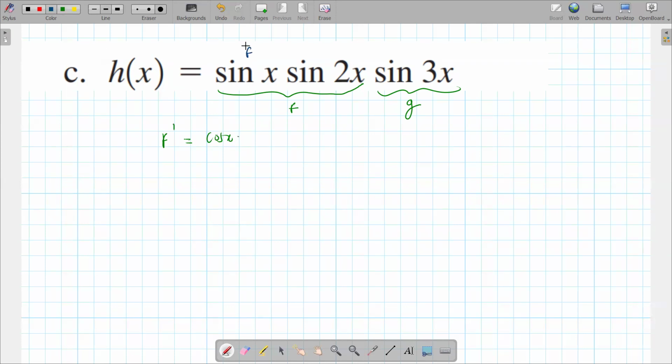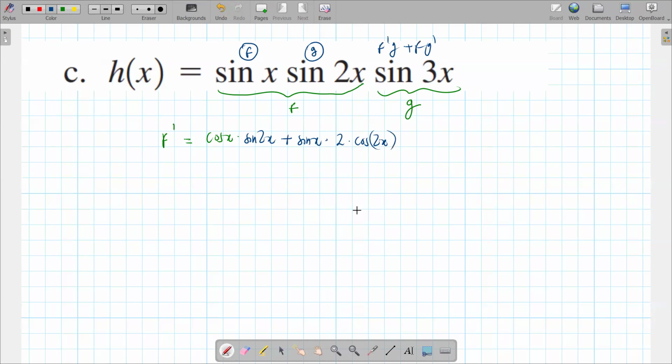This is your f, right? This is a product rule within a product rule. So if we were just looking at the bigger f, we have f, and the formula is f prime g plus f g prime. Remember, don't forget the g. So it'll be cosine for this sine times g as it is plus sine as it is times g prime, which will be 2 times cosine of 2x.